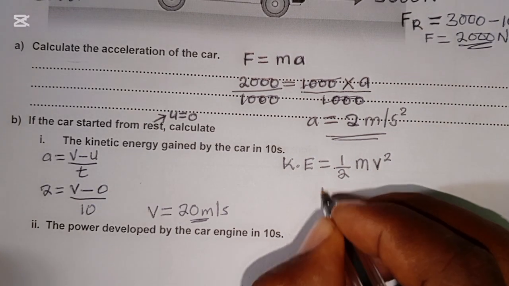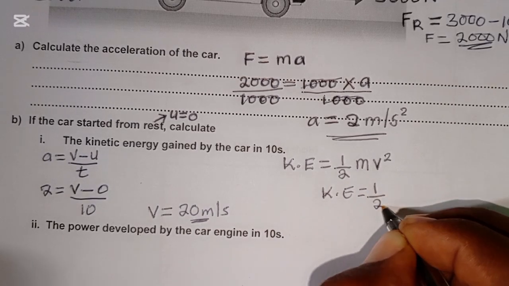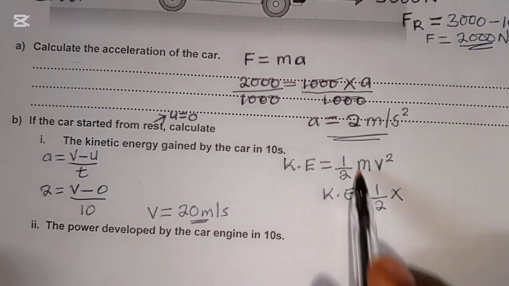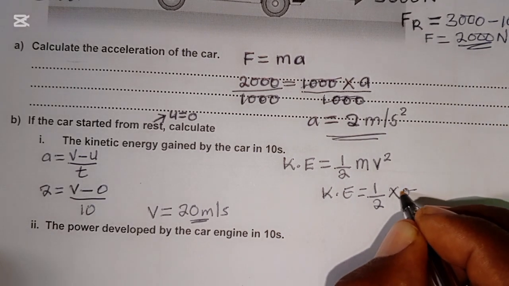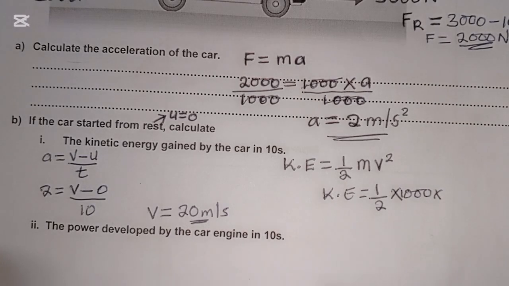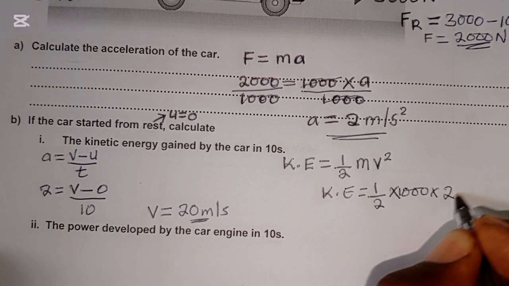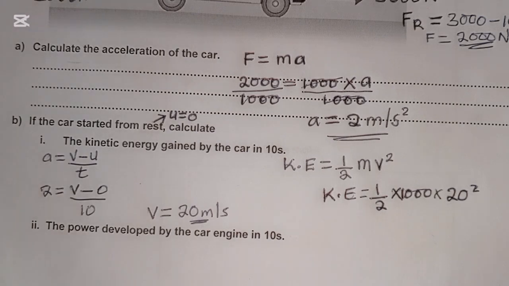So kinetic energy is equal to 1 over 2 times mass, which is 1000, times velocity, which is 20, so it will be 20 squared. So from there we say 1 over 2 times 1000 times 20 squared. I'll use a calculator.